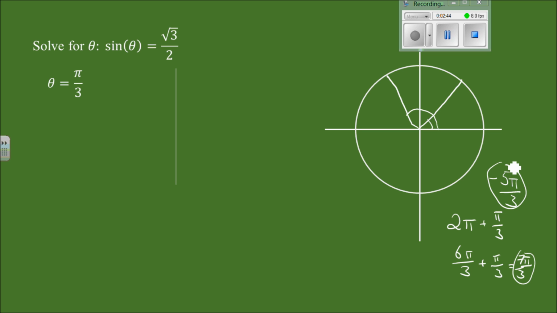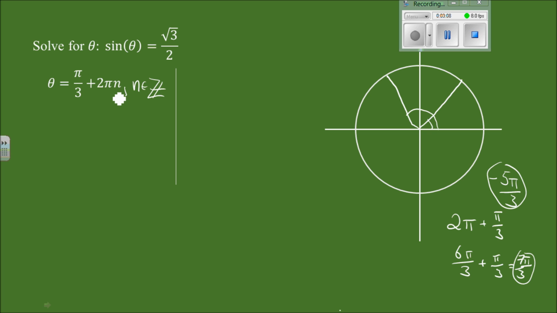So you can see that you can add not only 2 pi, but you can also add any integer multiple of 2 pi. So here n is an integer. Okay, so this includes if n is 0, then you just get pi by 3.